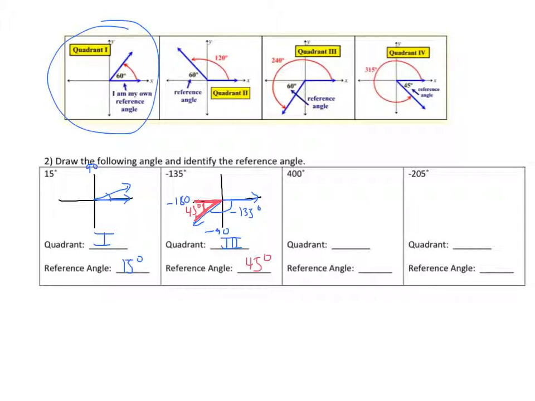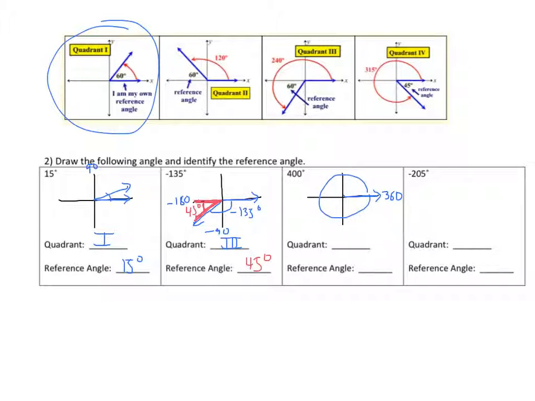Okay, for my next example, we have a 400-degree angle. We start with our initial side on the positive x-axis always. We're going in the counterclockwise direction for a positive angle. Now if I make a full circle, I'm back to where I started, and that would be 360 degrees. So 360 is going all the way around the circle.